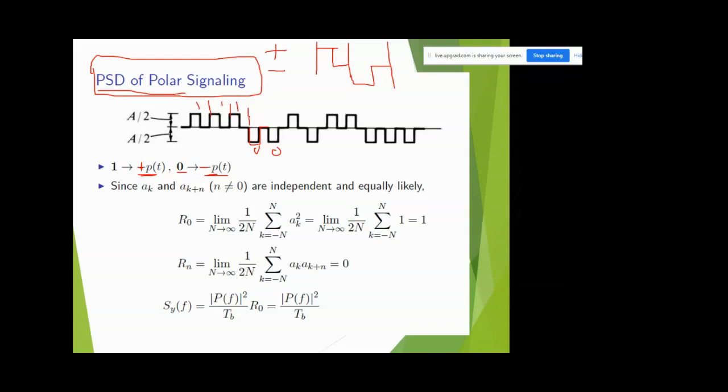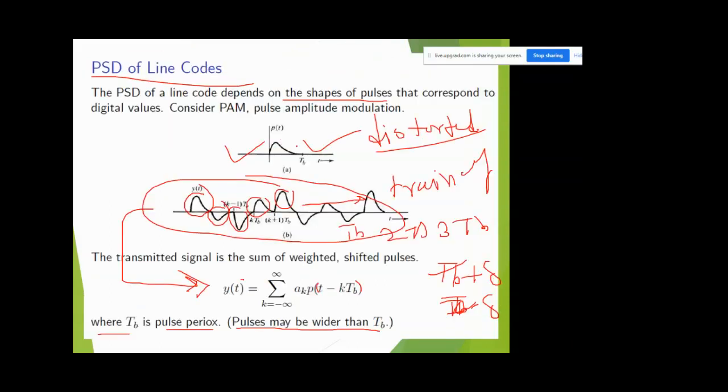With respect to this, the pattern of the power spectral density, meaning the pattern of the polar RZ, I'm writing here, polar RZ. What is the assumption we have to make?